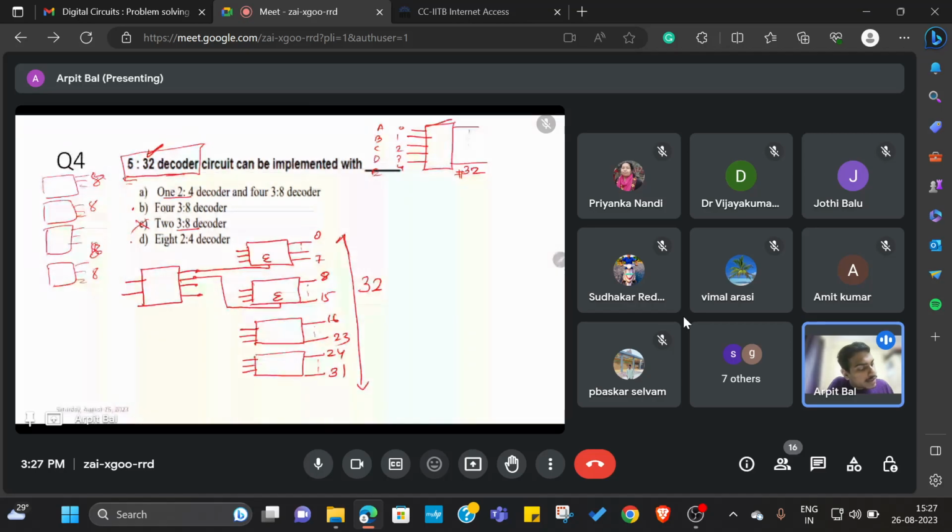I am writing it as E. These 3 inputs can be directly connected to the inputs coming from this block. This is the final block that we need to implement, and we are already supplied with these inputs A, B, C, D, E.